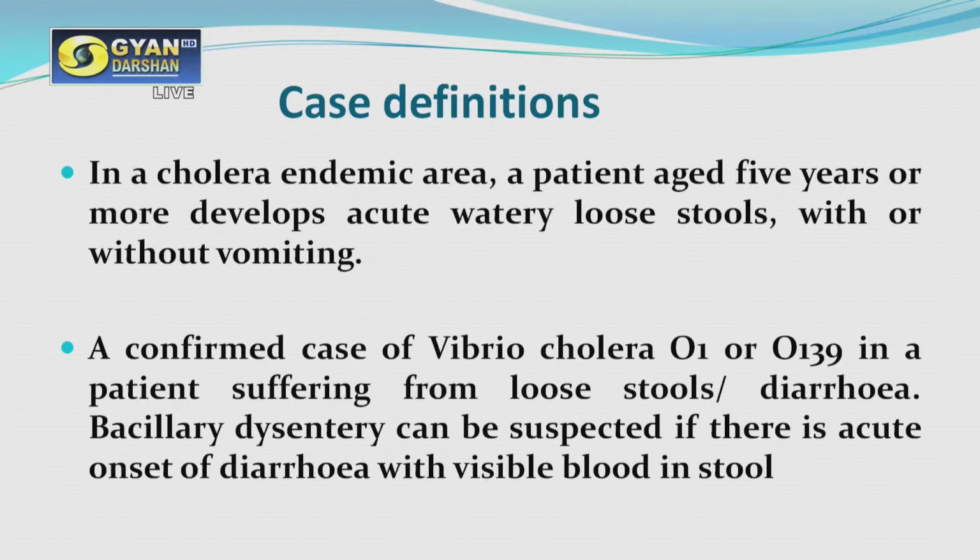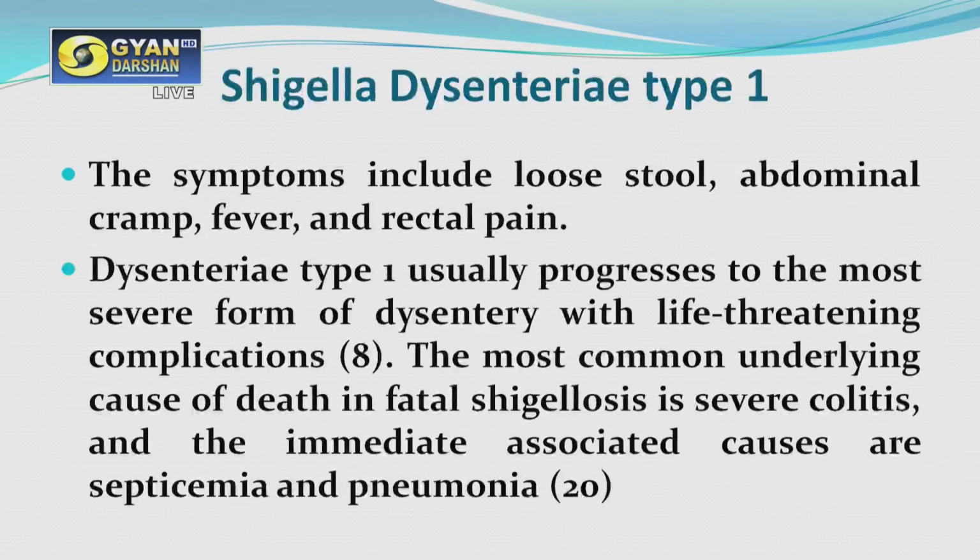Then bacillary dysentery can be suspected if there is acute onset of diarrhea with visible blood in the stool. So that is a bacillary dysentery case, and that you have to identify.